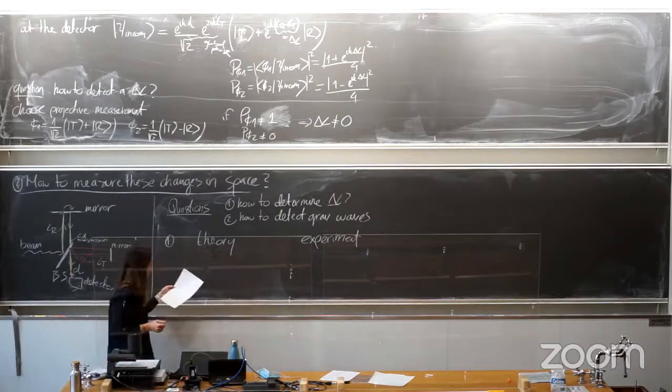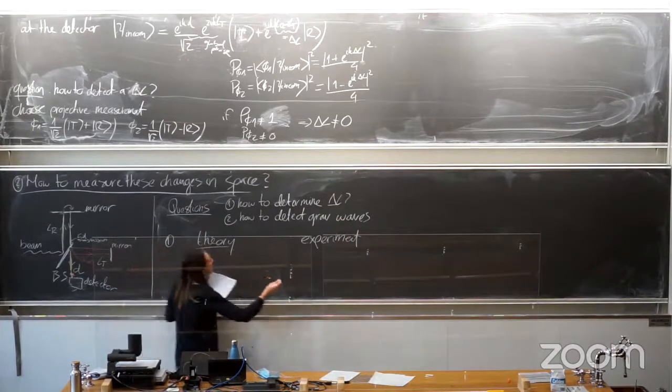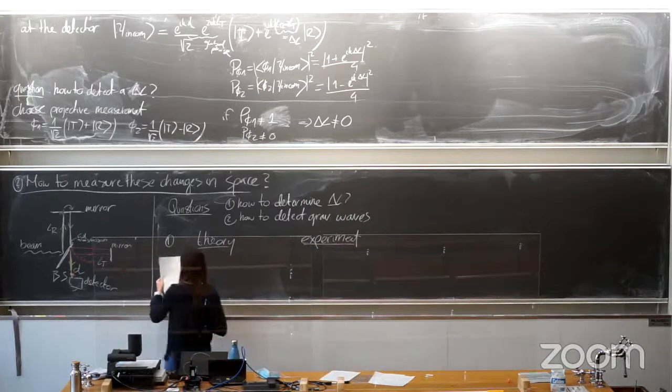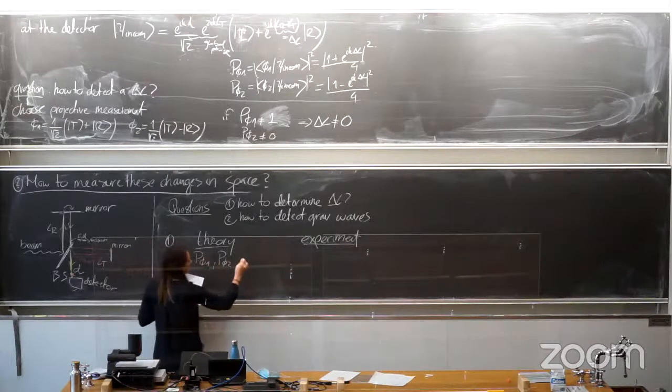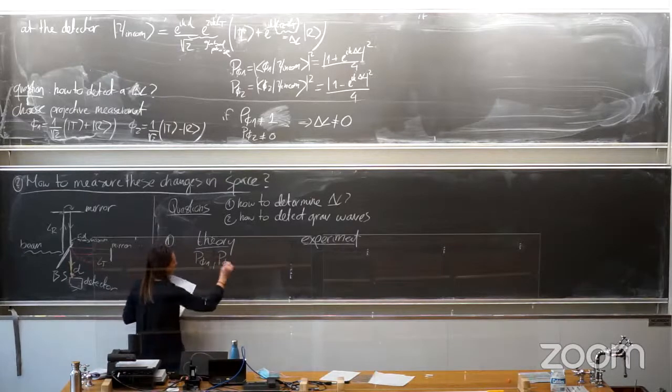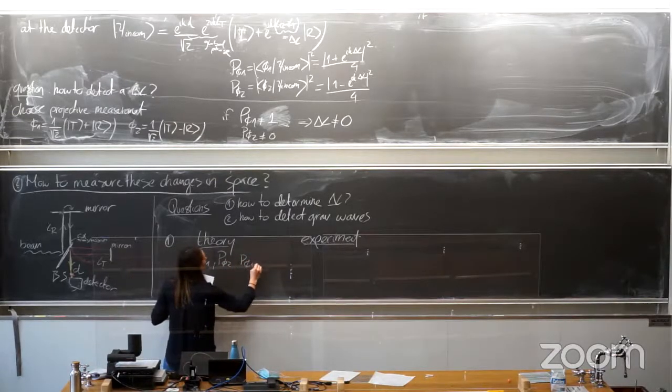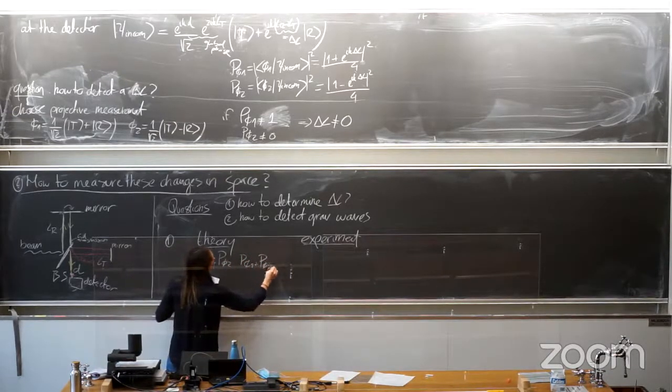So in theory, according to theoretical calculation, we have psi1 and psi2, which are related, so one is enough, because p of psi1 plus p of psi2 must give 1.